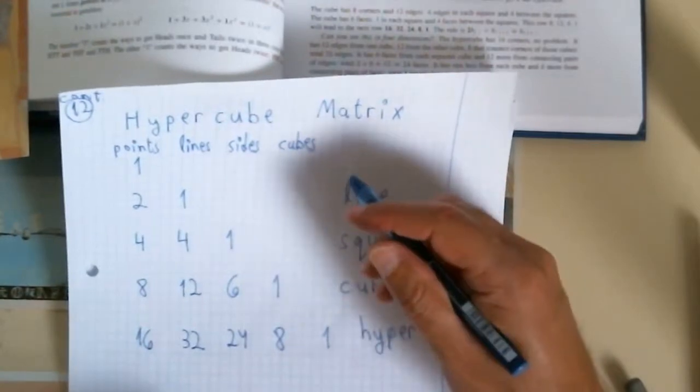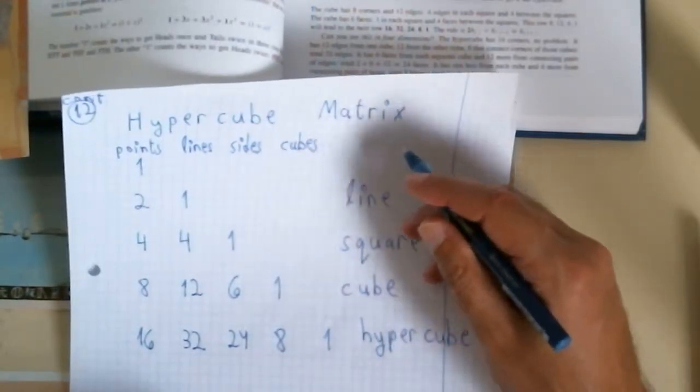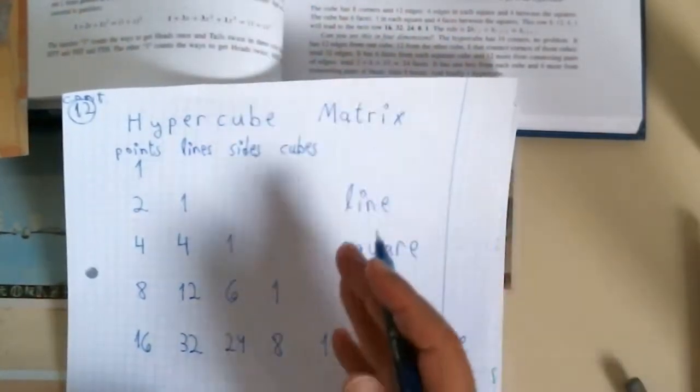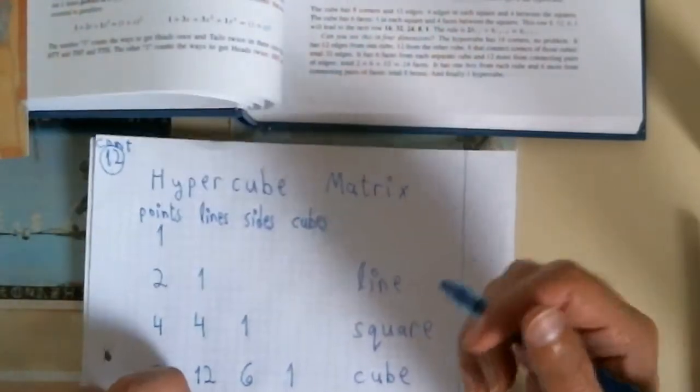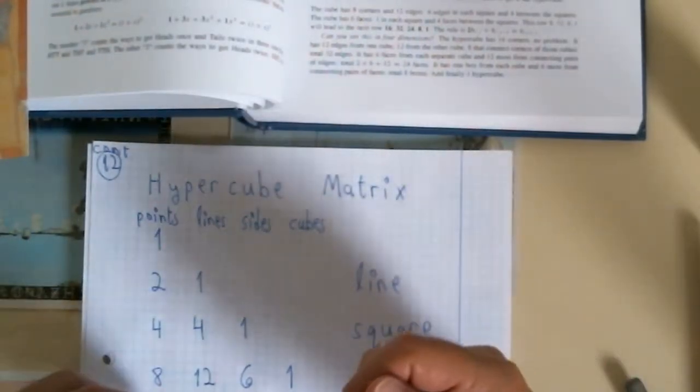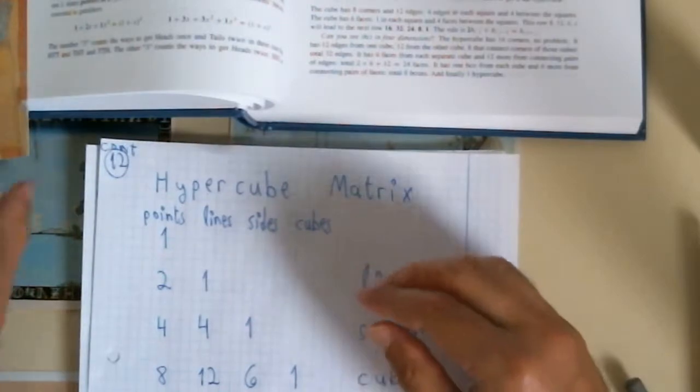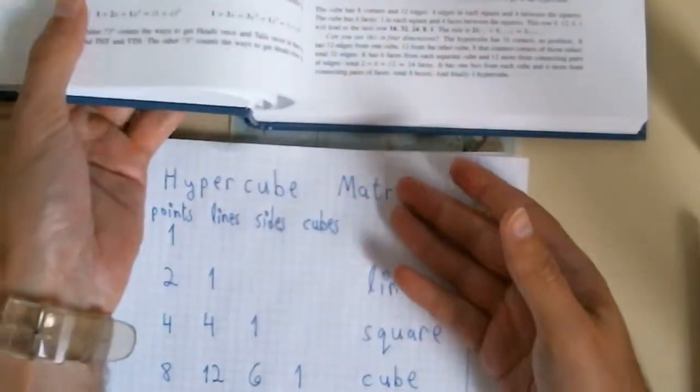And one hypercube. I didn't write hypercube, but here it should be hypercube column. And now I will read to you the explanation finally, and I hope it will give you more sense to it.